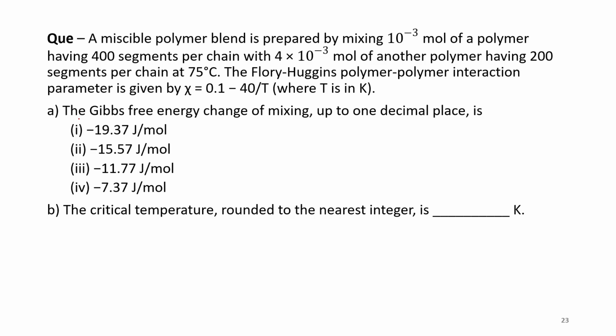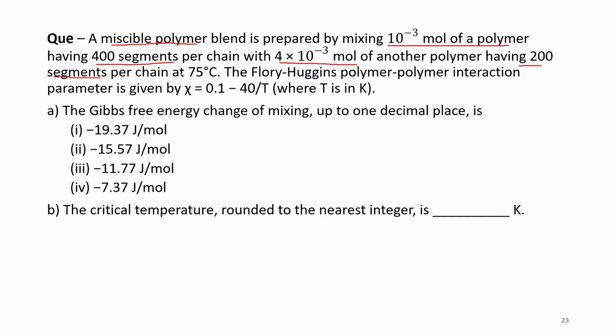Option A is asking for the Gibbs free energy change of mixing, which we need to calculate, and B is the critical temperature we need to calculate. So the question is saying that a miscible blend is forming, and polymer A has 10 to the power minus 3 moles and 400 segments in the chain, and B has 4 into 10 to the power minus 3 moles and 200 segments in the chain.